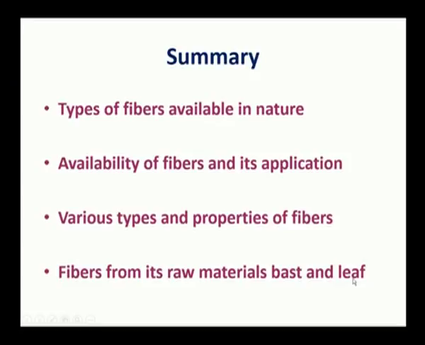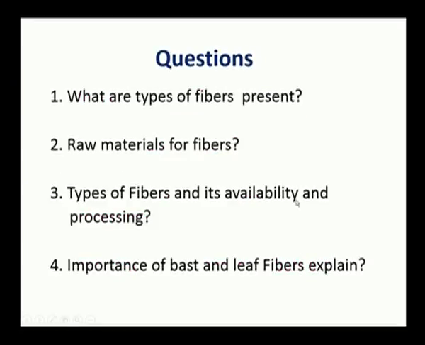This is the question: what are the types of fibers present? Raw material for fibers, types of fibers and their availability and processing. The importance of bast and leaf fibers I explained. With this we conclude today's lecture.